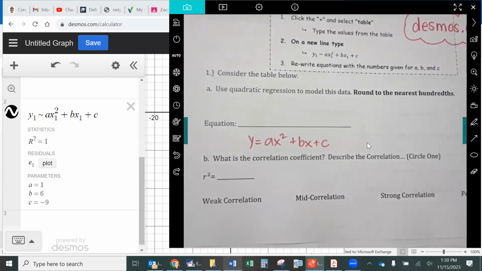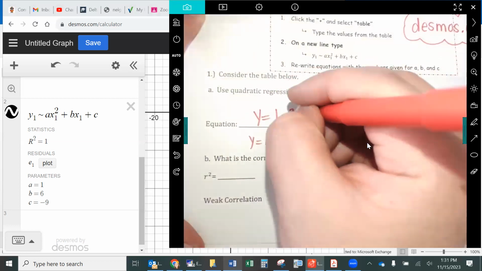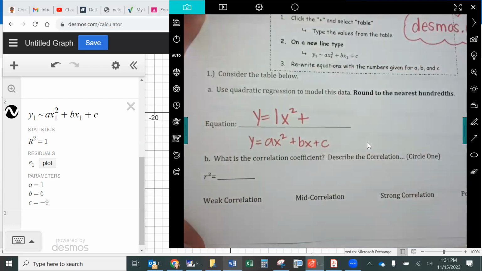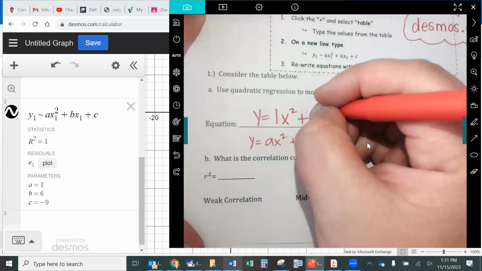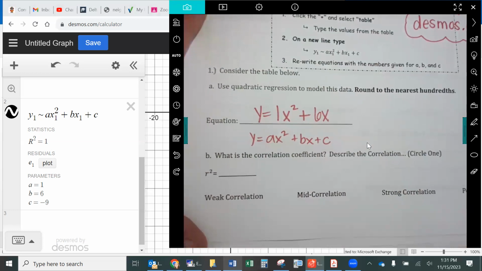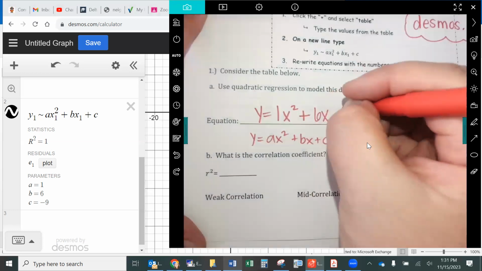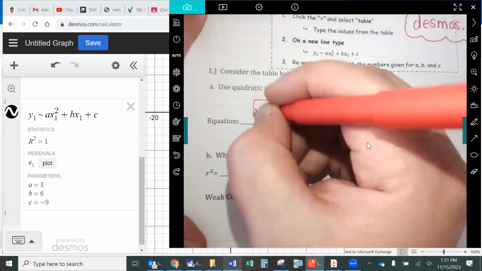Now, for these, they all came out to whole numbers. So what was my A? It's a 1. Y equals 1x squared plus. What's my B? So 6x. And then what's my C? Instead of putting a +9, I'll put a -9, but it's the same thing.